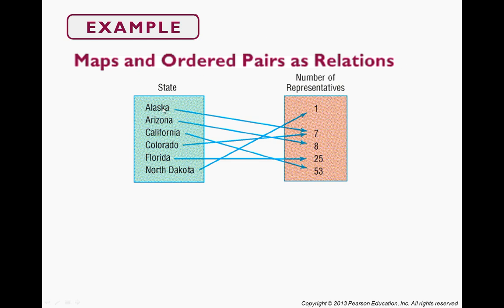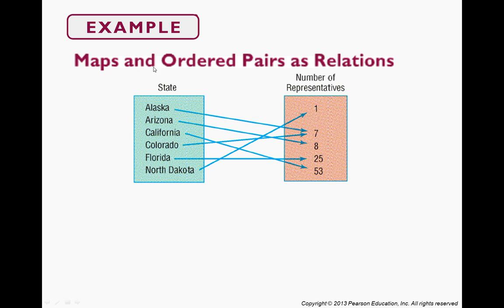We have number of representatives listed in our output column and our states in our input column. Alaska has 7 representatives. Arizona has 8 representatives. California has 53. Colorado also has 7, like Alaska. Florida has 25, and North Dakota has 1.